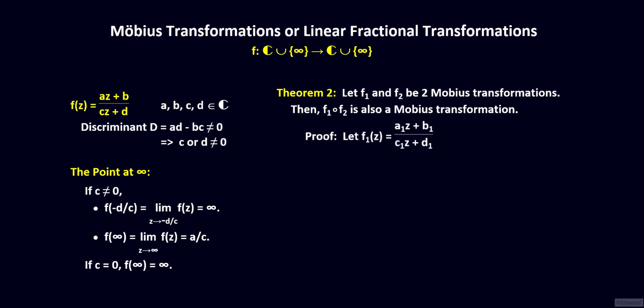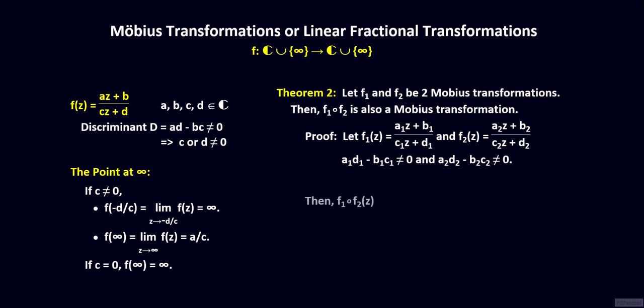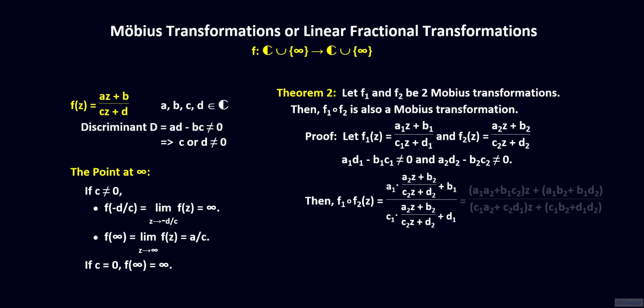Let f sub 1 of z be equal to the quantity a sub 1 times z plus b sub 1 divided by the quantity c sub 1 times z plus d sub 1, and let f sub 2 of z be equal to the quantity a sub 2 times z plus b sub 2 divided by the quantity c sub 2 times z plus d sub 2, with their respective discriminants being non-zero. F sub 1 of f sub 2 of z should be equal to this tangled expression. Check that f sub 1 of f sub 2 of z is also equal to this expression.